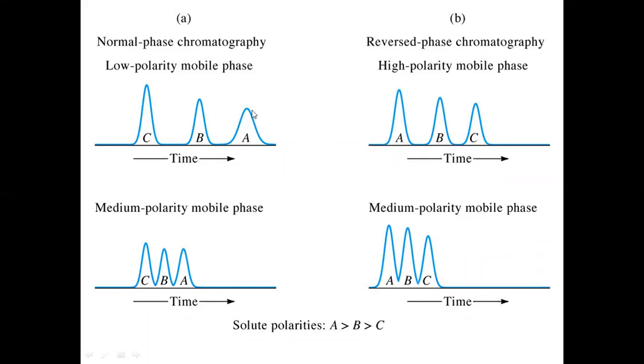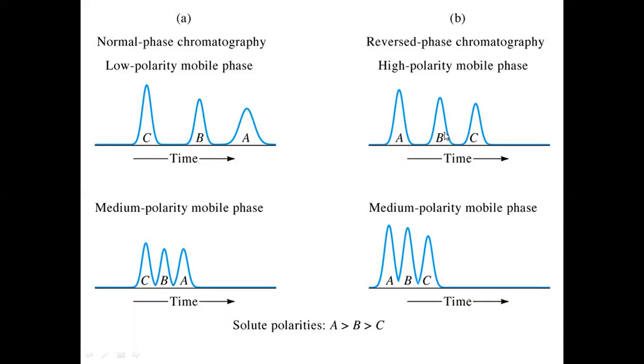You can see the polarity of solute A in this particular chromatogram. A was more polar, so it was eluted at last in normal phase. Here, A is more polar, the stationary phase is non-polar, there is no greater interaction between the non-polar stationary phase and the more polar solute. Therefore, the more polar solute A is going to be eluted rapidly.